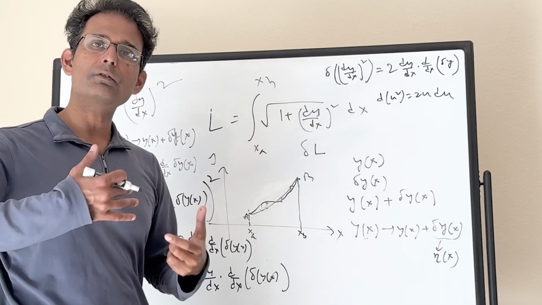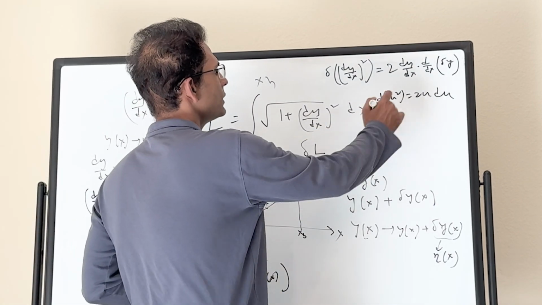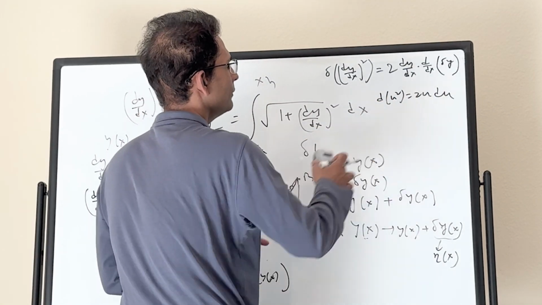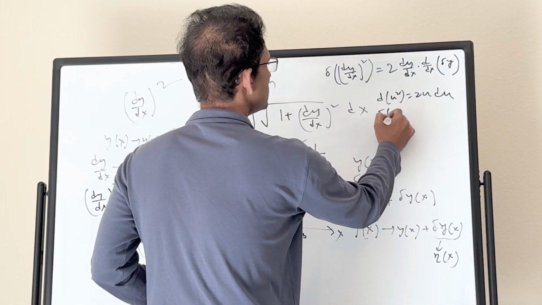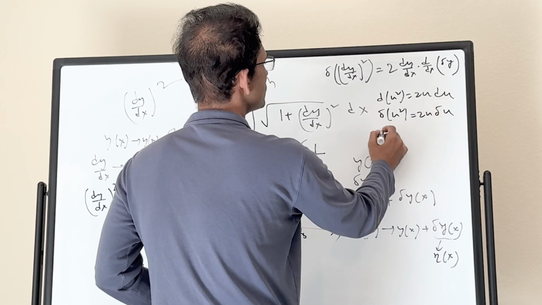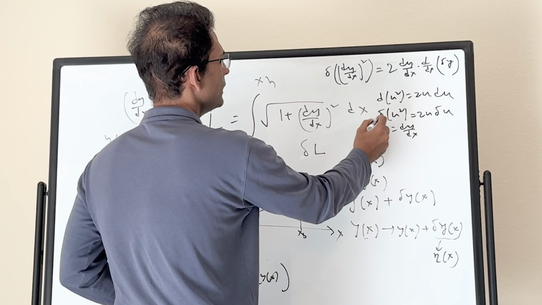These are two different kinds of variations, right? So you can always interchange them. So let's actually use this, okay? Just like you have this relationship involving d, you can also write delta (u squared) as 2u delta u, okay? And let's say u is dy/dx, all right?